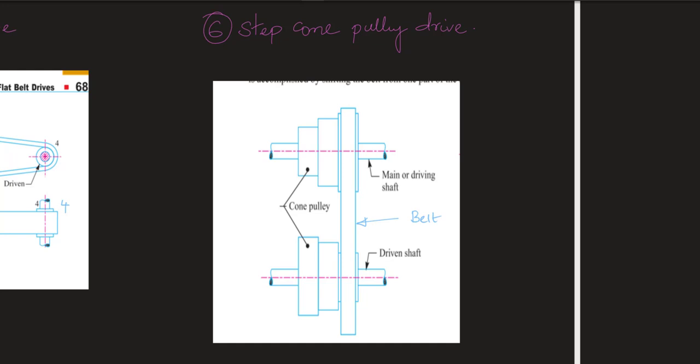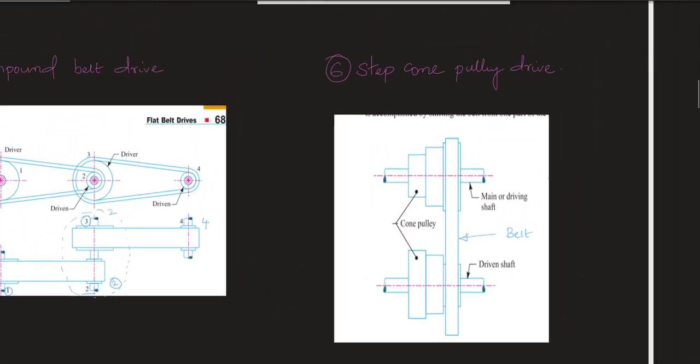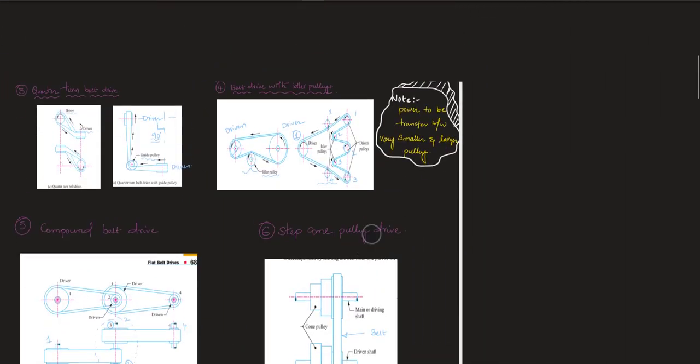Now by changing the belt on different steps of a step pulley, we can achieve our required speed ratio. This type of arrangement you can mainly see in a lathe headstock. In a lathe headstock, we'll find the same arrangement.